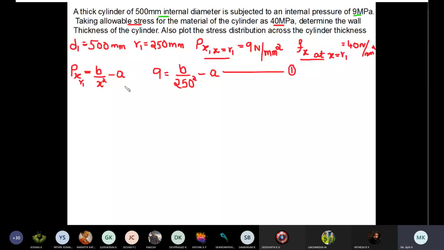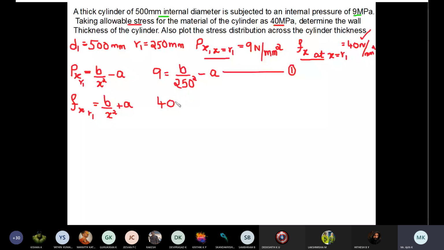Then calculate the Fx value at the inner surface. Consider the equation for Fx at x equal to R1: B by x square plus A. And you know Fx at x equal to R1 is 40.